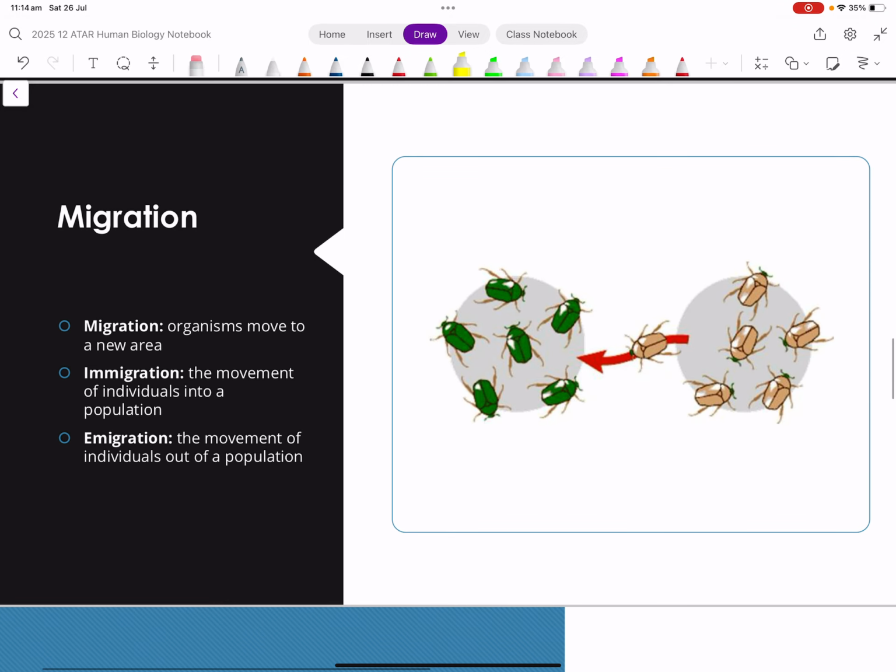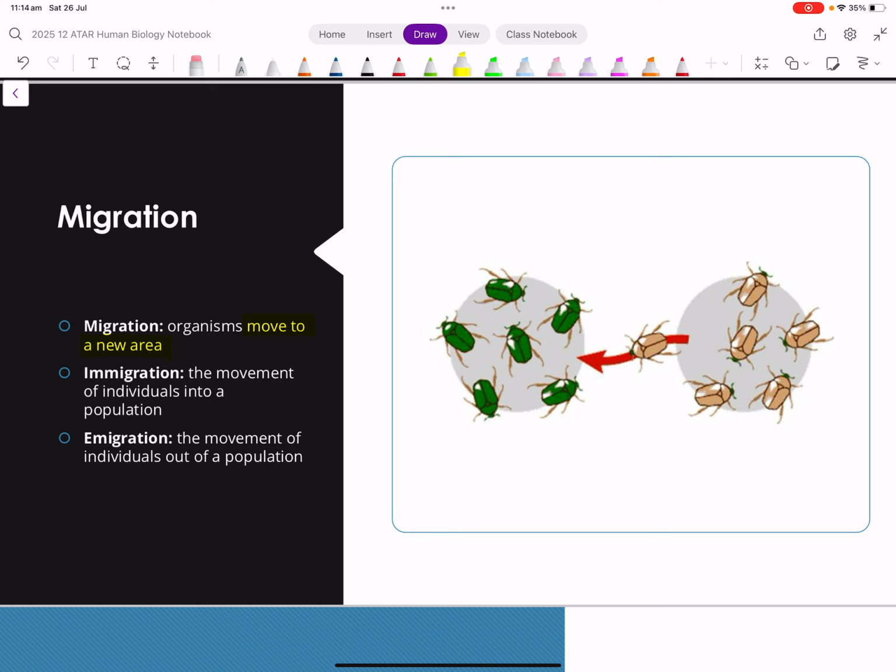So now that we've discussed this idea of mutation, what we want to look at is this idea of migration, so relating it to gene flow now. And when we're talking about gene flow, we can't have it without migration. So migration, very simply, is where organisms move to a new area, and we can have two different types. So we can have immigration.